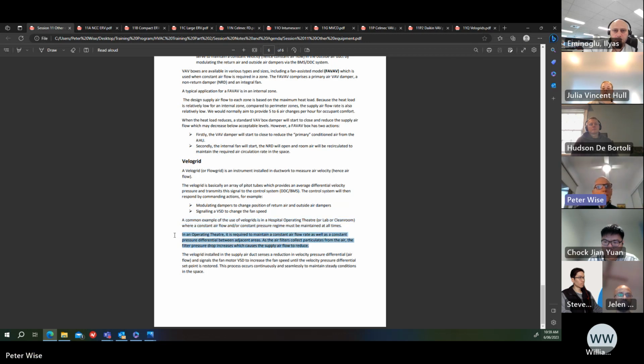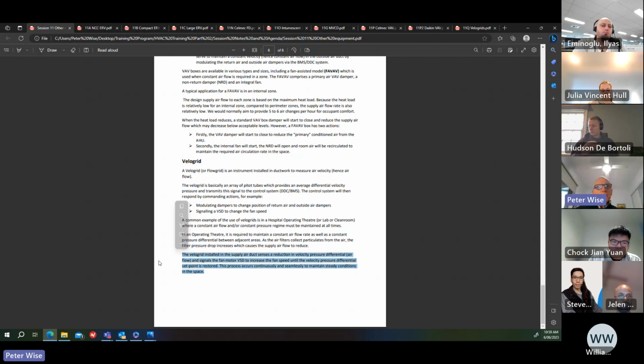So in an operating theatre, as I said, you need to maintain a constant airflow rate and a constant pressure differential between adjacent areas. As the air filters collect particulates from the air, the filter pressure drop increases, which will cause the supply airflow to reduce.